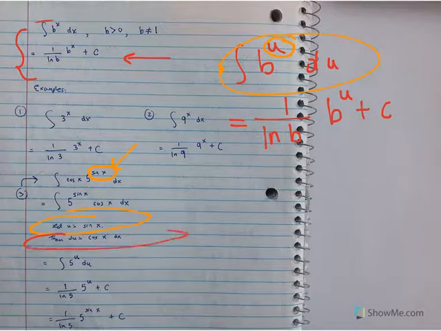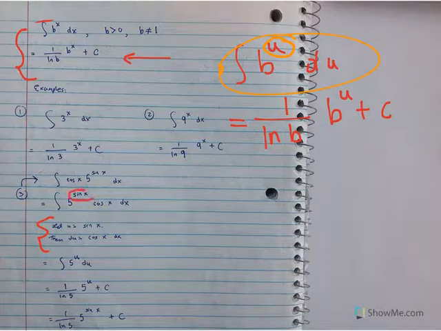The next step is to find the differential of u. The derivative of sine x is cosine x. So we have du is cosine x times dx. Now we look at this, and we think, okay, here's our u-substitution. Let's see if we can change variables.